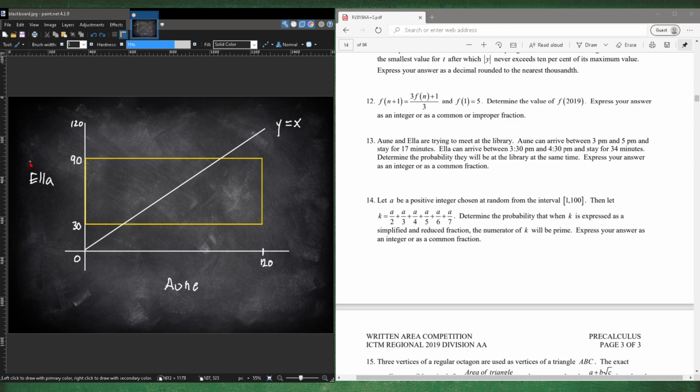Let's use red for On. If On arrives first, she could wait for 17 minutes. So we could draw a bunch of lines, and each of these lines has length 17.